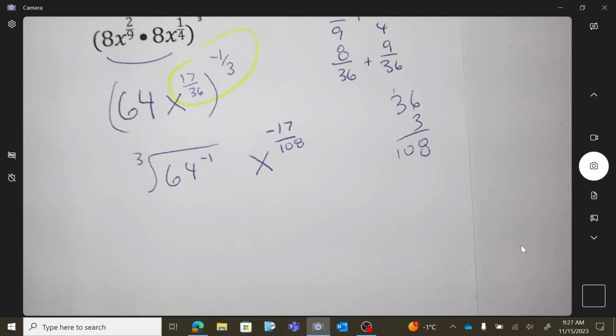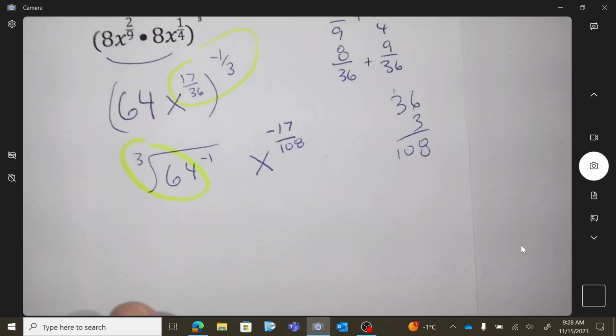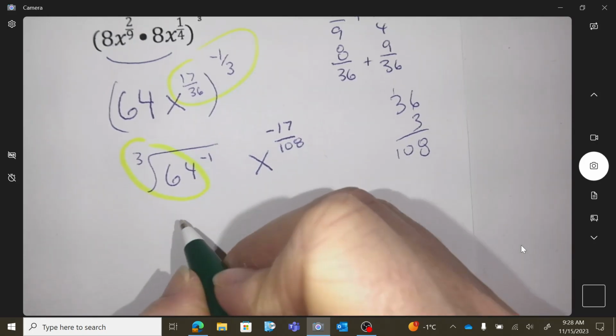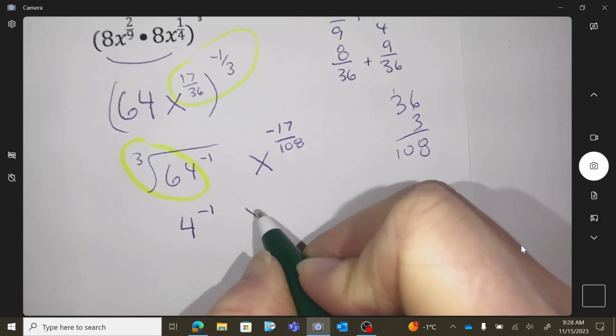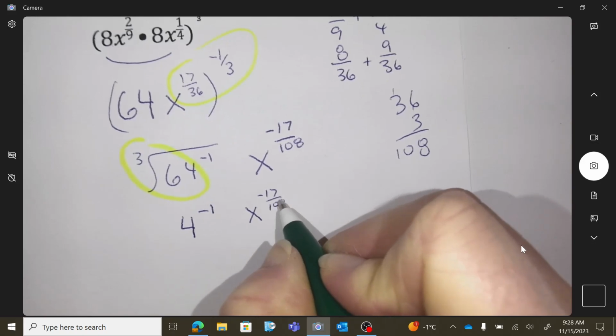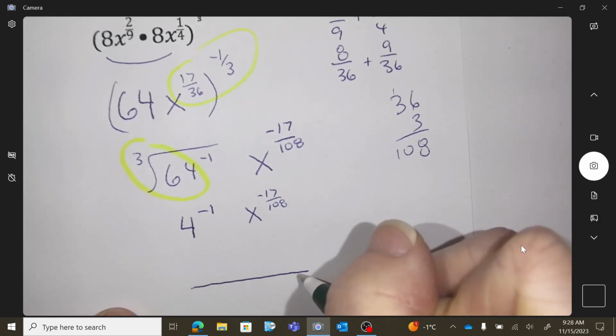Okay, so now, how do I evaluate this? I think about, hey, what's the cubed root of 64? 4. Okay, so everything that we have here has negative exponents on it, so everything would have to move to the bottom.